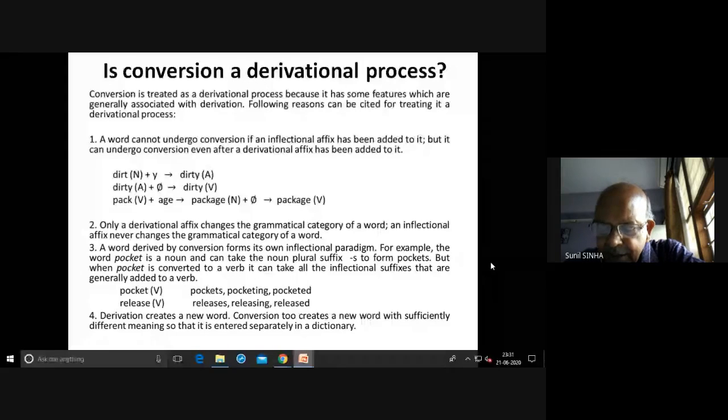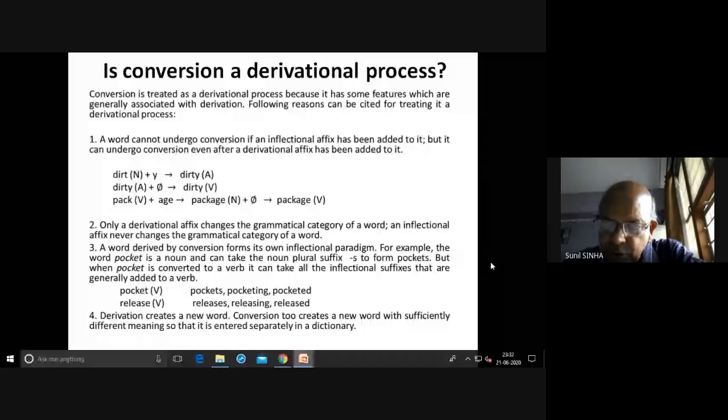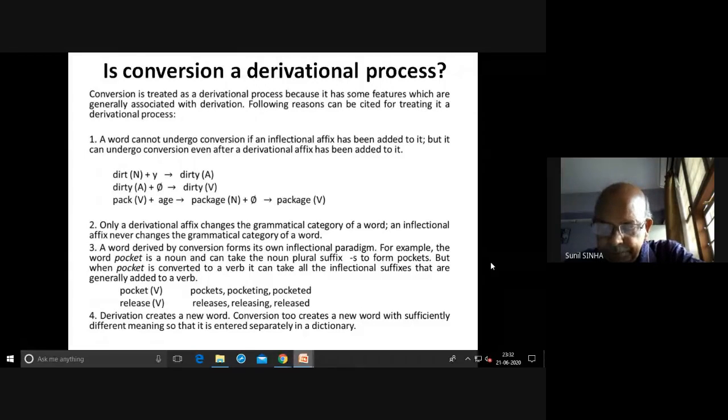So we have changed the word class of dirty from adjective to verb. And this is a derivational process. That is, in a derivational process, the word class of a word changes. So, conversion. Now, dirty adjective, we add a zero morpheme and we get a dirty verb. This is conversion, and this is a derivation process because the word class has changed from adjective to verb.